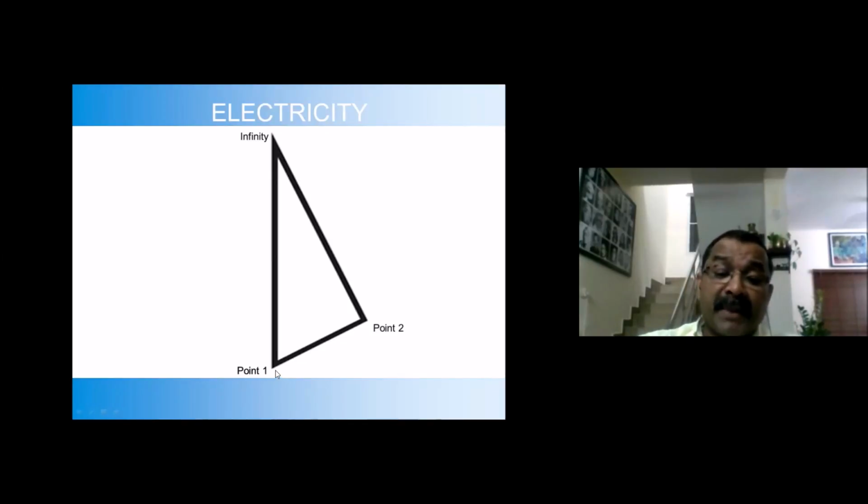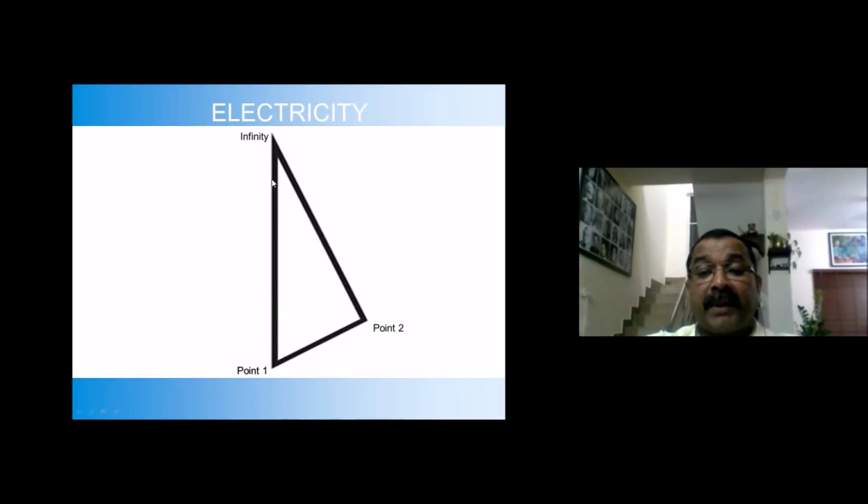So the potential difference between point 1 and point 2 can be calculated by taking the work done in taking a unit charge from point 1 to infinity, then negating the other value, minus this vector.